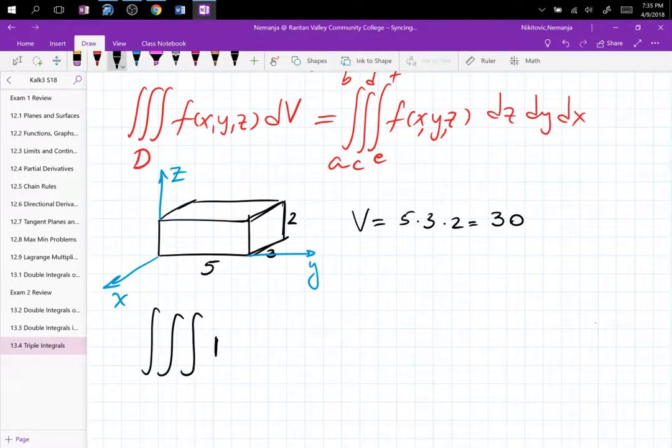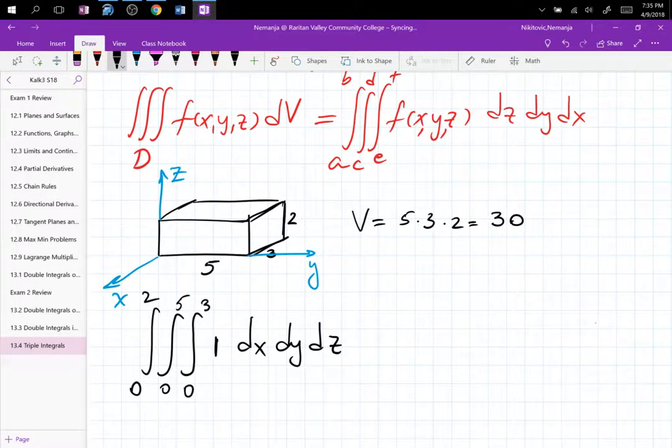We are going to put 1 in here because we are looking for the volume. And then we can put whatever order we want, because order, just like in double integrals, doesn't matter. So let's put dx, dy, dz. Now z is the outer integral, and z is the height of 2, so 0 to 2. Y is the integral from 0 to 5, and x is 0 to 3.